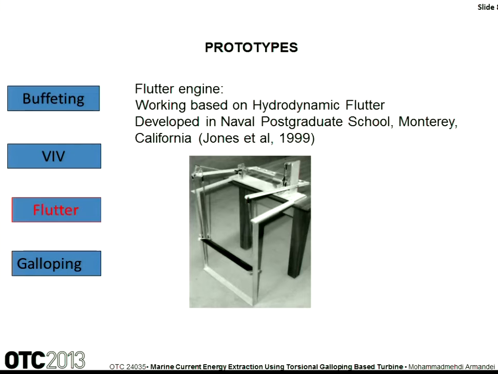The same scope of the windmill was used by Jones et al. at the Naval Postgraduate School in California in 1999. They built this device and called it the flutter engine, which worked based on hydrodynamic flutter. They tested it in the water current flume.